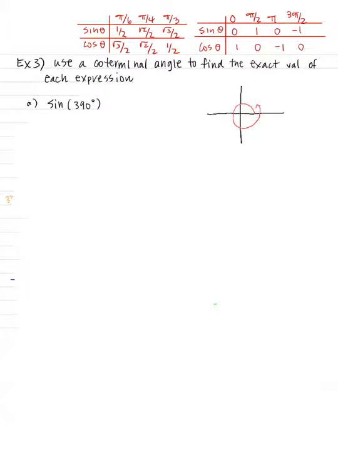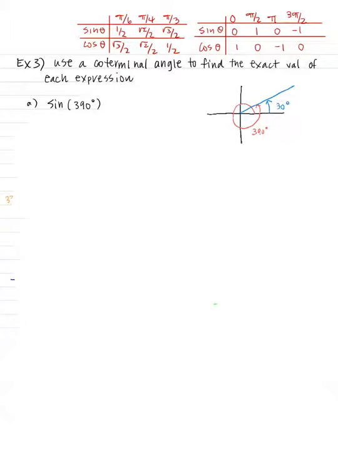I hope you can see what I'm doing here. But regardless, our terminal side is going to be here. So here in red, I'm going to write it as 390 degrees. And the coterminal side will be 30 degrees.